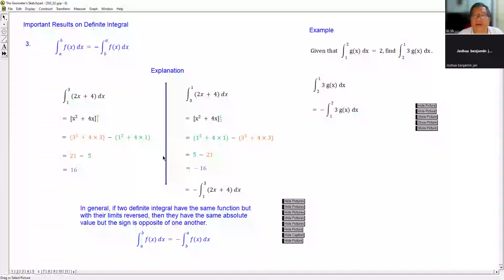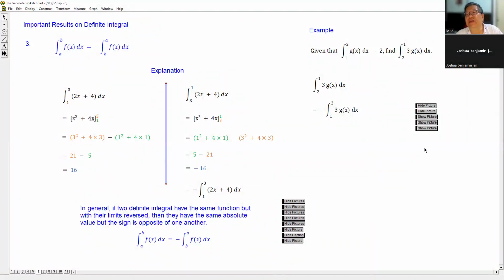You terbalik the upper and lower limits. You cannot simply terbalik one, like, here it is integrate to 1, so I put 1, 2. Cannot. If you want to do like this, you have to put a negative sign in front. Remember?